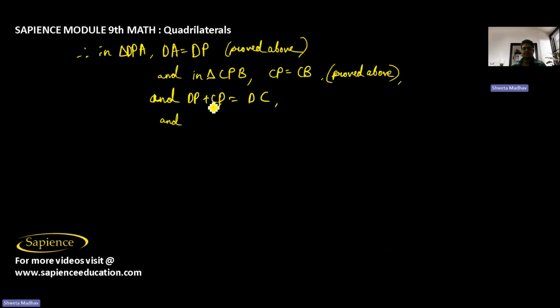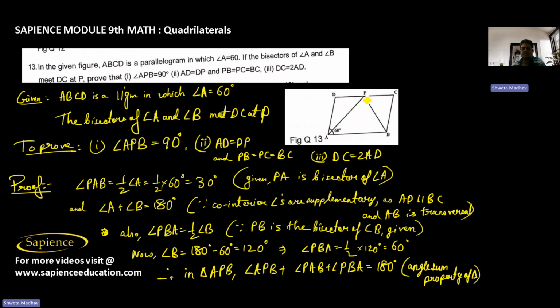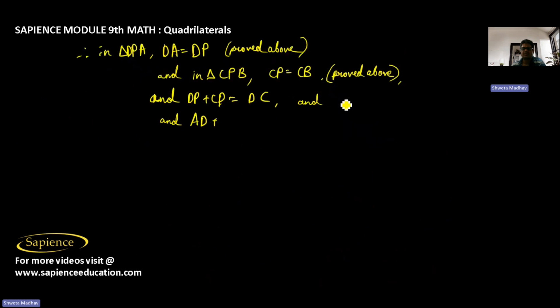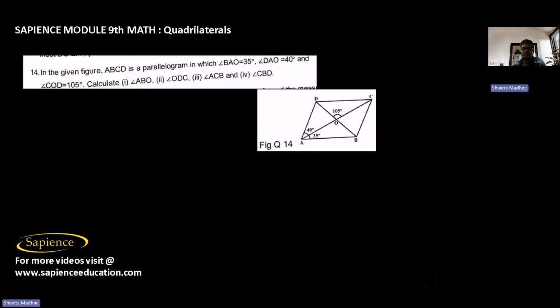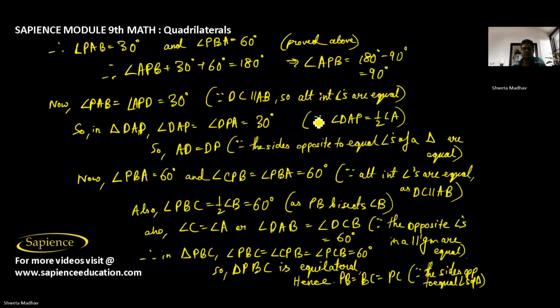So DP plus CP. DP is also DA, that is AD, plus CP, and you can also see that CP is equal to AD, since opposite sides of a parallelogram are equal, or it has been proved above also.